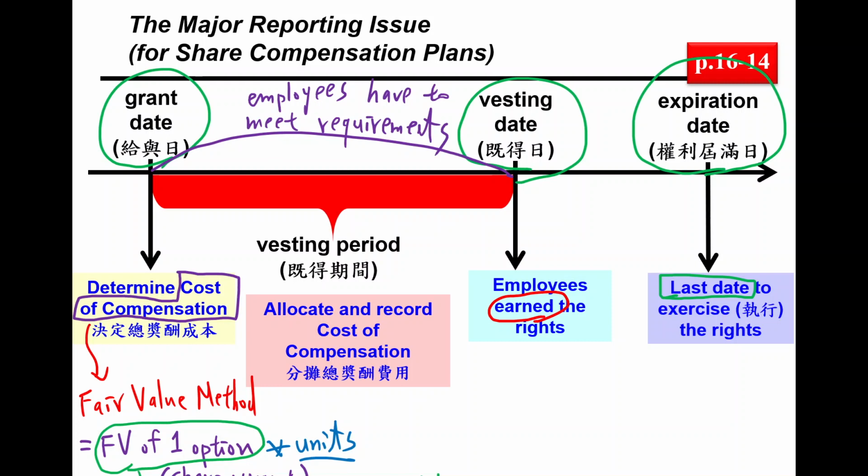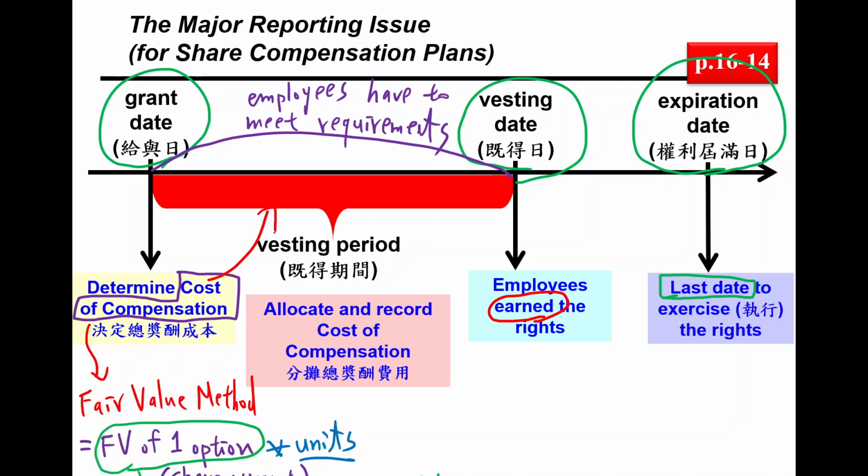That's why, when we want to find out who has to take responsibility, it is the vesting period. So we allocate the amount into this period, because the vesting period is the reason your company incurs the cost. Vesting periods have to take the responsibility, which means they have to recognize all the costs and expenses during this period. That's the reason we allocate the cost of compensation into the vesting period.